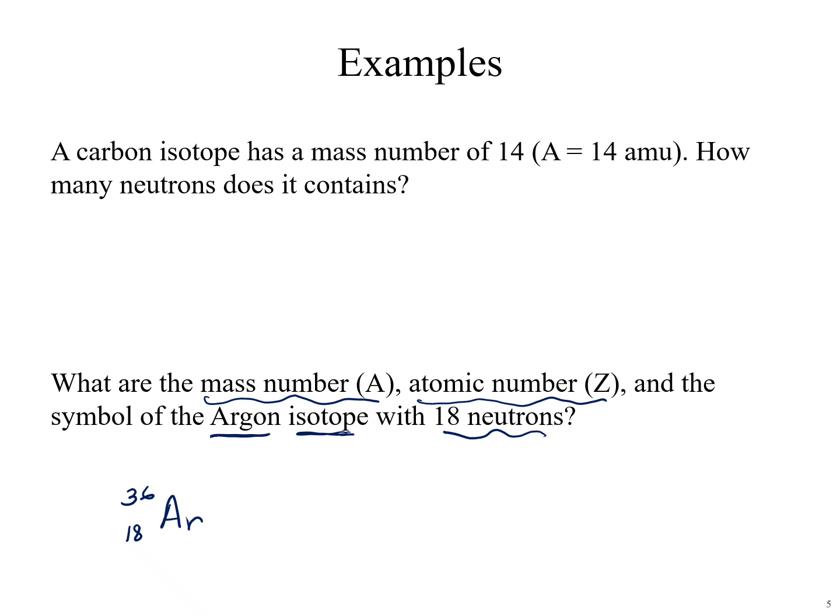The protons are given by the atomic number, which is 18, and the problem is telling you that that isotope for argon contains 18 neutrons. So when you add your 18 protons plus the 18 neutrons, you're going to get a mass that is equal to 36. So that's one way of representing the symbol of that isotope.